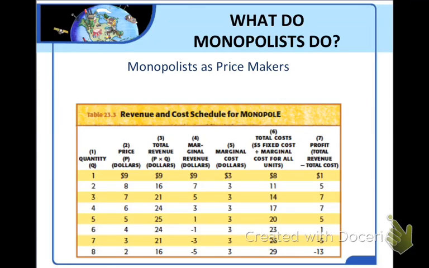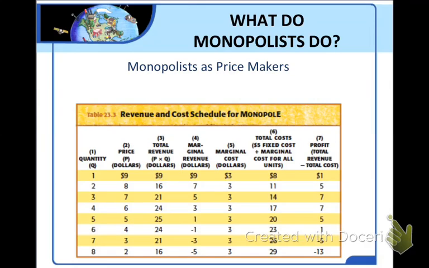Suppose the software development industry is monopolized by a firm called Monopoly, like we see in the table here. This table shows a revenue and cost schedule for this fictional firm. Monopoly can produce up to 8 units of a computer operating system called Window Shade.